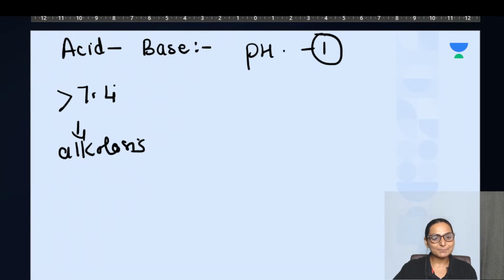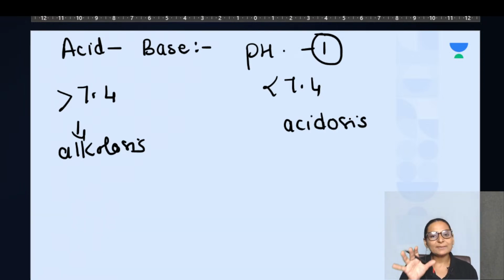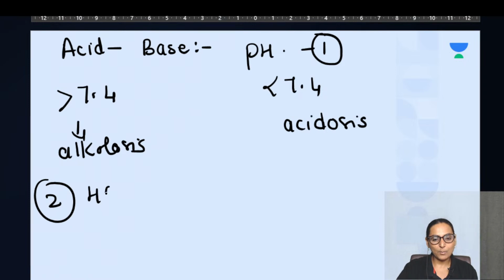So if the pH is more than 7.4, alkalosis. If it is less than 7.4, it is acidosis. Once you look at the pH and see whether it is acidosis or alkalosis, the second thing we must look at is the bicarbonates.